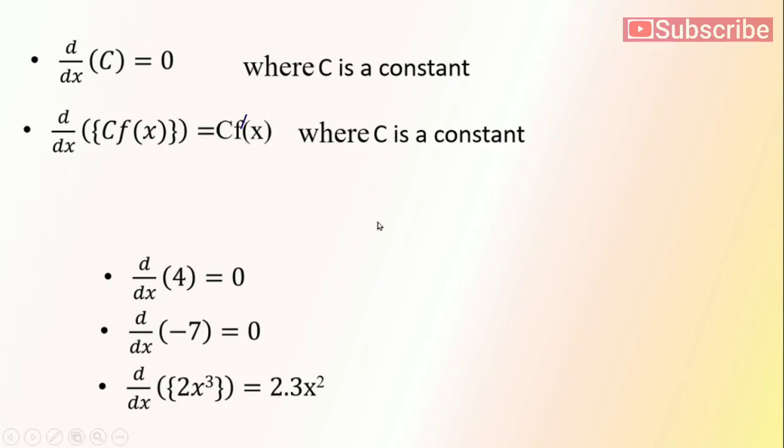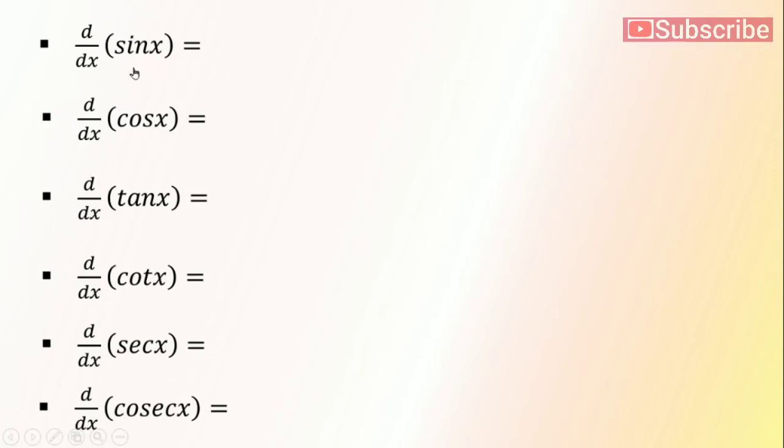Fine. Now d by dx of sine x. All these are trigonometric ratios. You see, sine, cos, tan, cot, sec, cosec. So d by dx of sine x is equal to cos x. Okay. Differentiation of sine x is equal to cos x. Okay. Now differentiation of cos x is minus sine x, but this minus sign, remember.